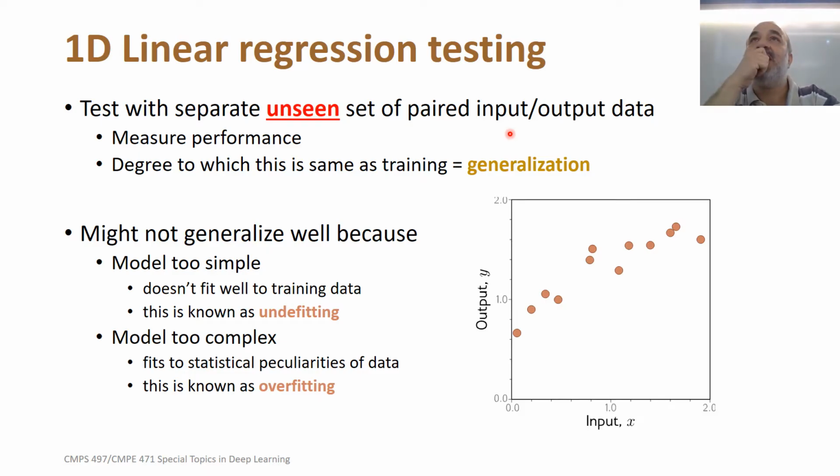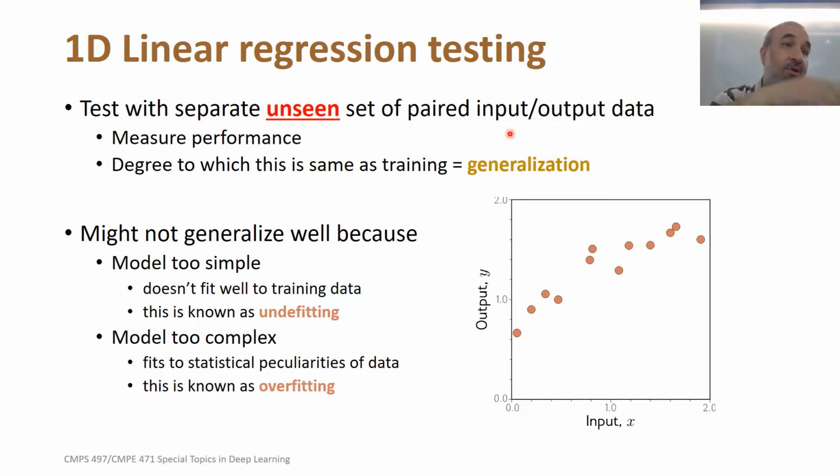For example, instead of recording the age as a real number like 14.6, I measure it as 15. That's noise, based on how we collected the data.